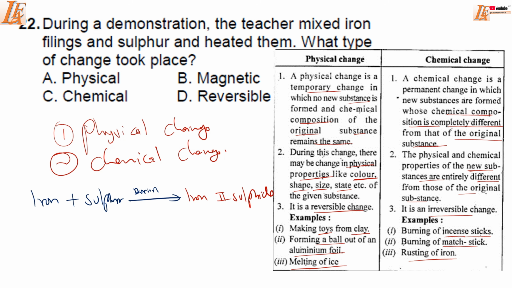Iron 2 sulfide is a new substance. This substance is totally different from sulfur and totally different from iron. Therefore, the type of change which takes place is a chemical change, C.